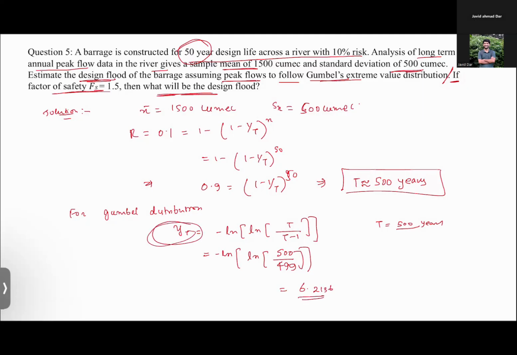So the reduced variate you have is 6.2136. Now the frequency factor is calculated as (yT minus 0.5772) divided by 1.2825. This yT was 6.2136. If you calculate this, the value comes out to be 4.395.